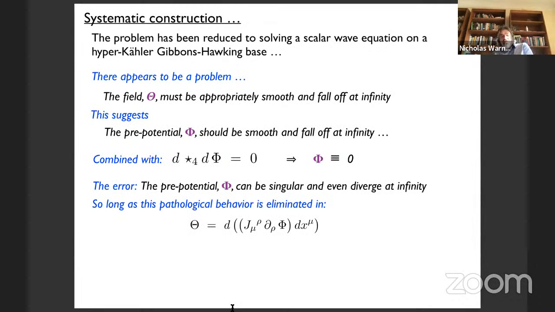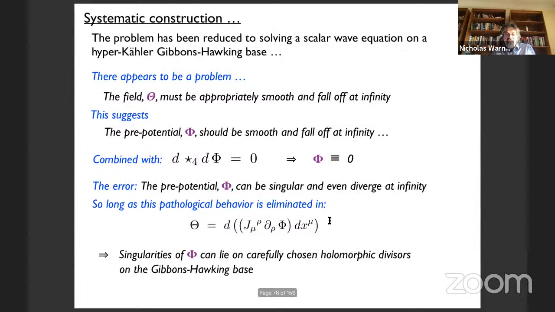The whole point is the prepotential is allowed to be singular and even diverge at infinity, so long as those singularities are removed when you create the theta field. And this is a D and a D bar wound up in an interesting way.